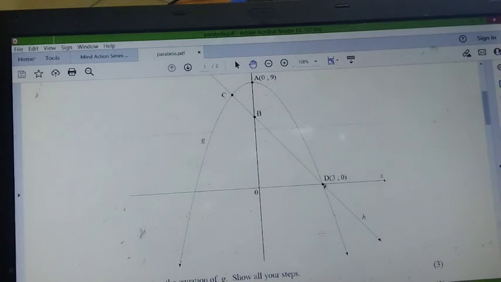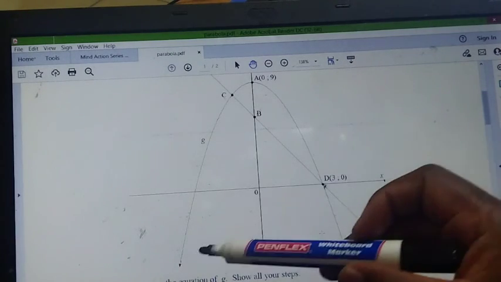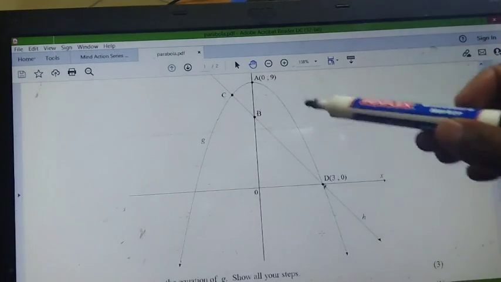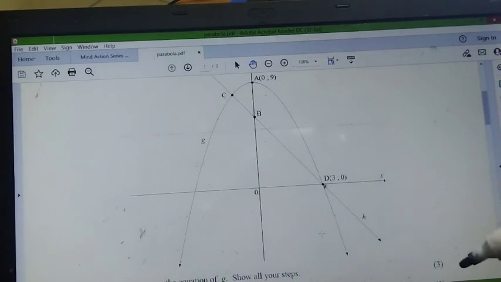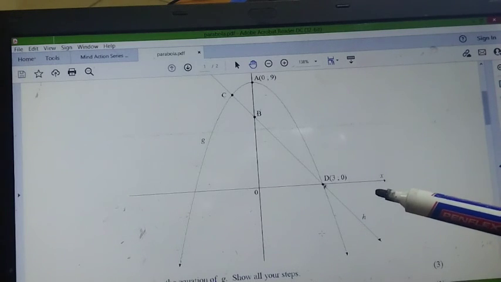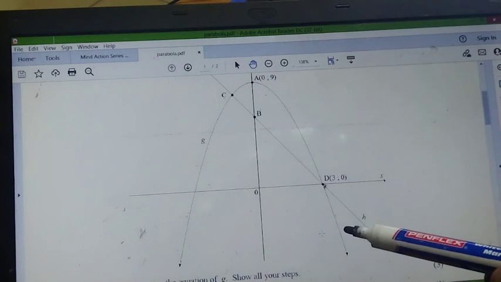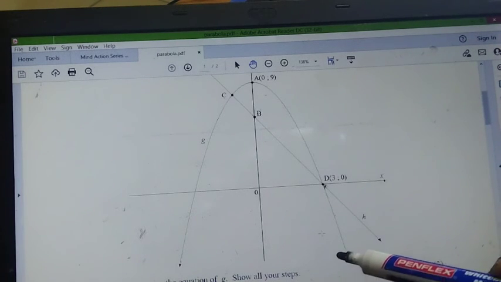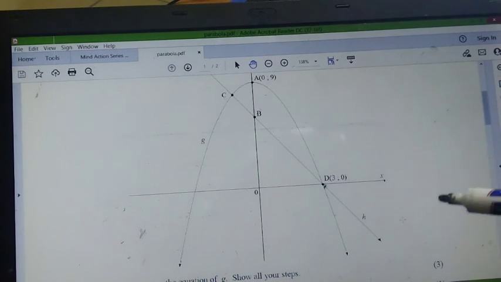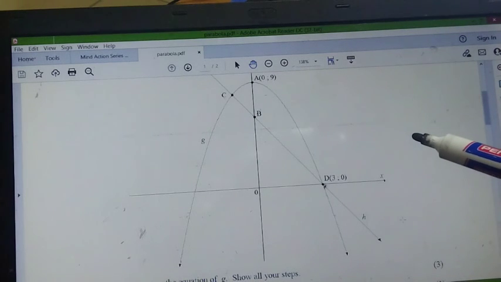All right. So remember, we need to understand what it means to say a graph is increasing, a graph is decreasing. And I'm sure you have been taught that a graph is increasing when you look at the x values as they increase, the y values also increase.